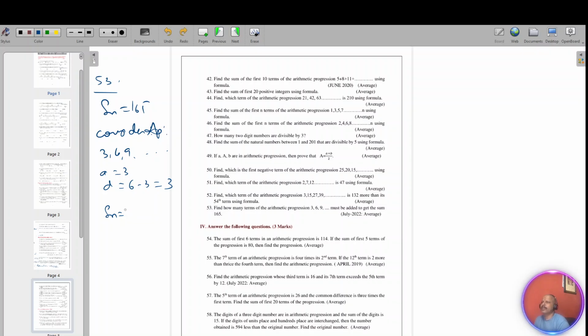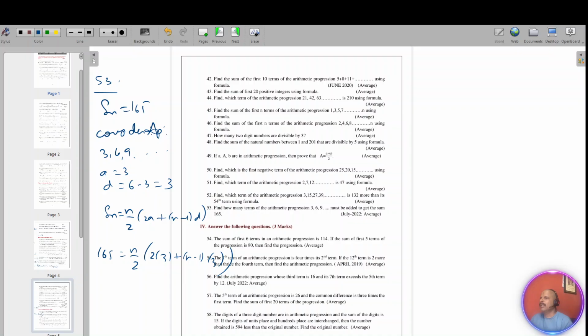Sn equals N by 2 into 2A plus N minus 1 into D. I'll solve quickly. Let's see. 165 is given. N by 2, 2A means 2 of 3, plus N minus 1 into D, which is 3. You get an equation here, actually a quadratic equation, remember.